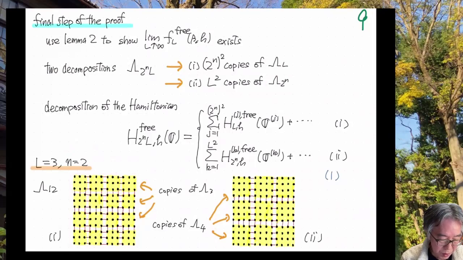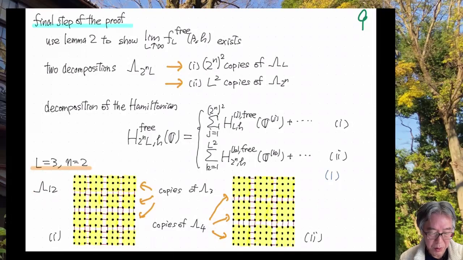Here I'm decomposing lambda 12 into identical copies of lambda 3. There are, I think, 16 copies of lambda 3 here. And in the second decomposition, we are decomposing lambda 12 into identical copies of lambda 4, a 4 by 4 square lattice. And I think there are 9 copies.